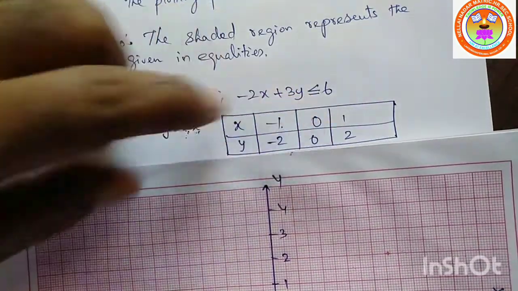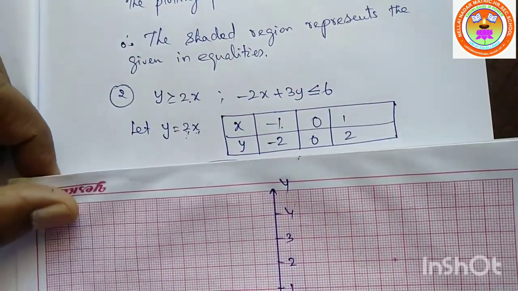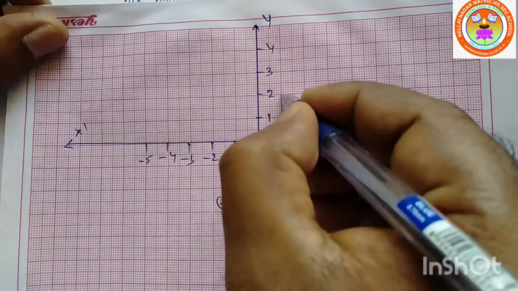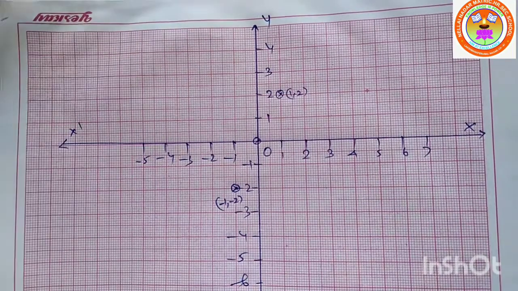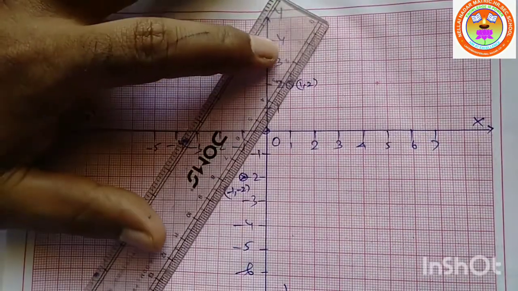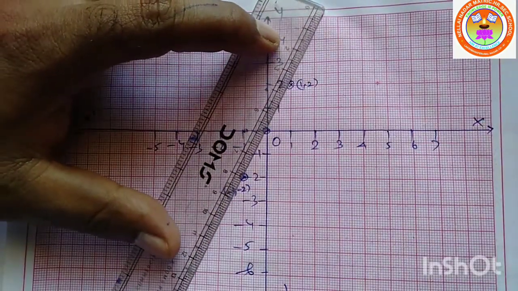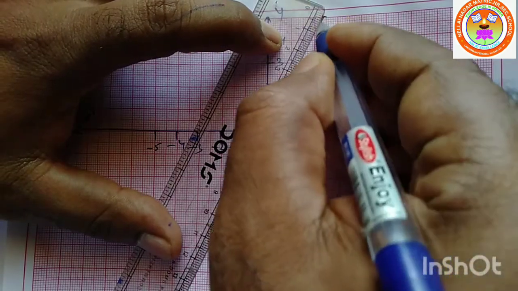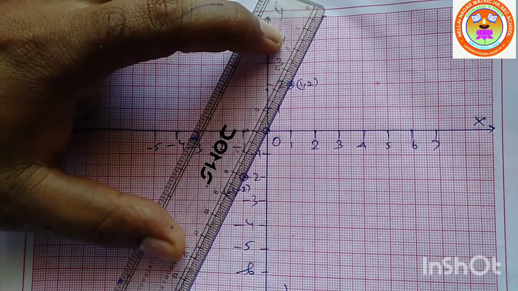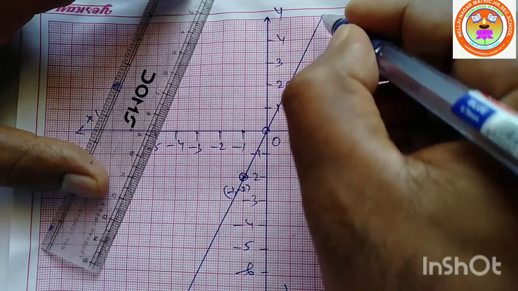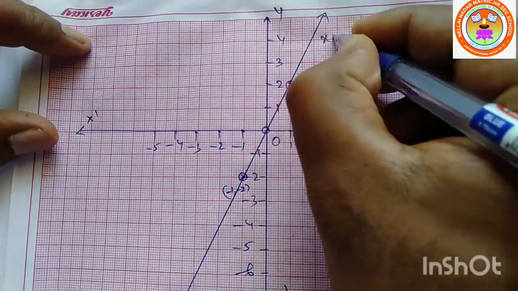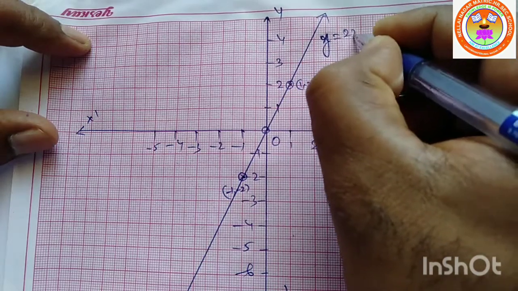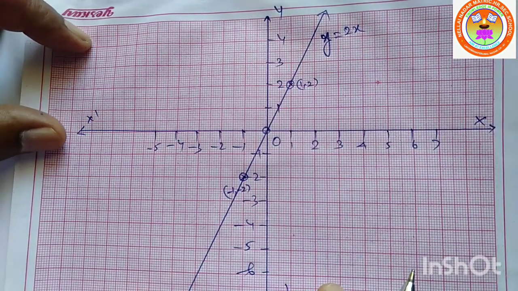Then 1, 2, x value 1, y value 2. If we join these 3 points, we will get one straight line. So this straight line represents the line y is equal to 2x.